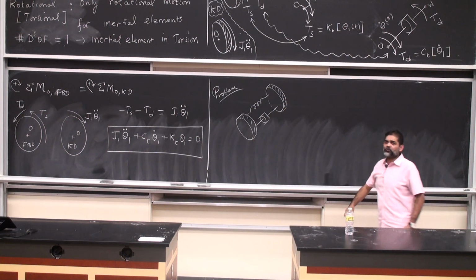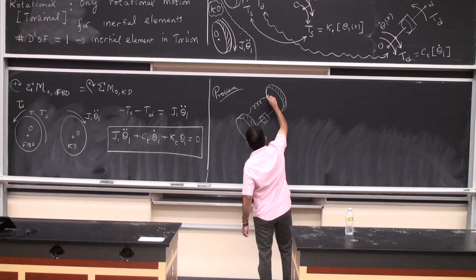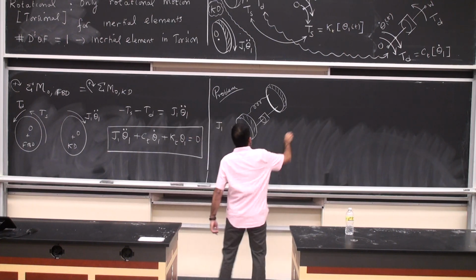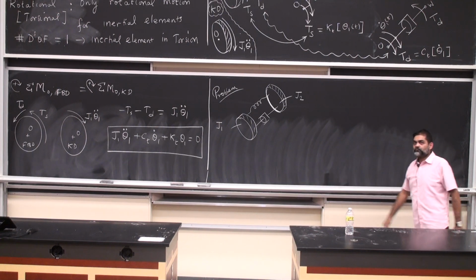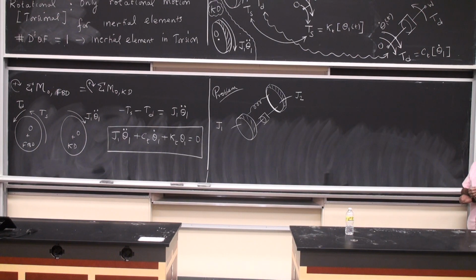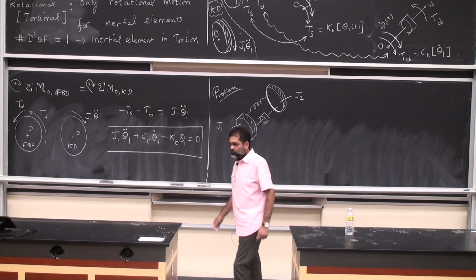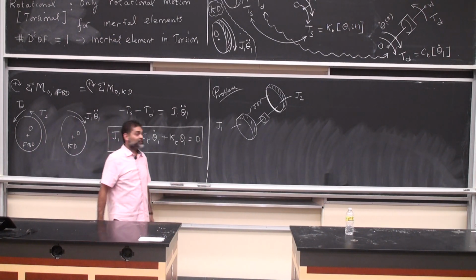Right, so I have a situation where I have two inertial elements now, okay? Two inertial elements. Let's call them J1 and J2. I have a spring of stiffness Kt and a damping constant Ct.